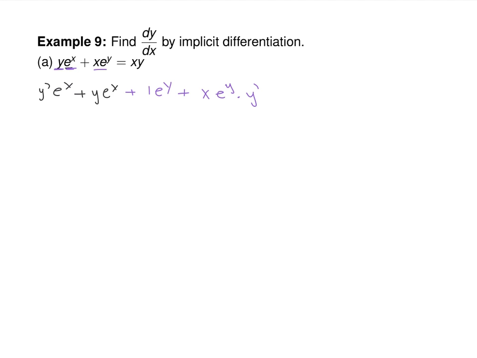Now how about x times y? What's the derivative of x times y going to be? How do you product rule? Okay, so first derivative is, x's derivative is 1. Does anything happen to the y?